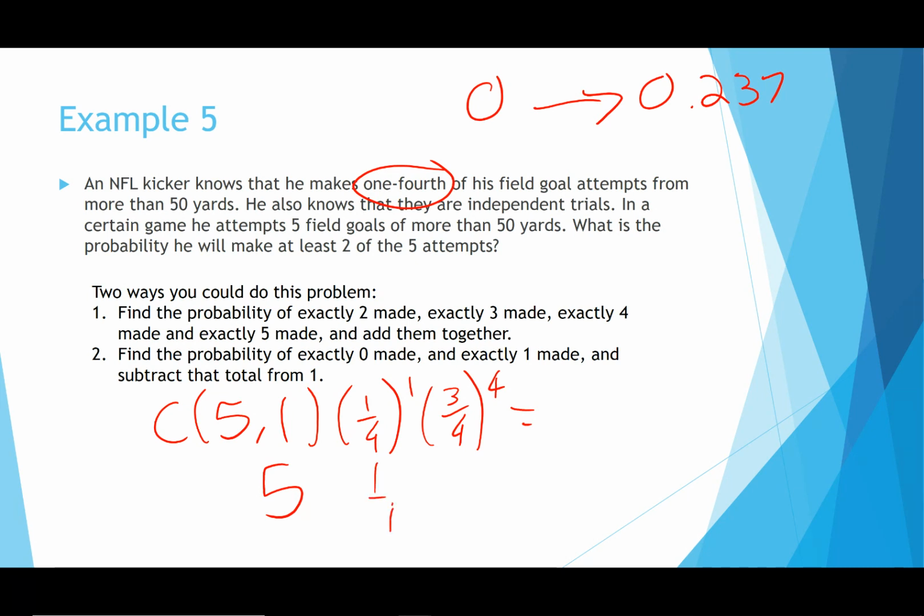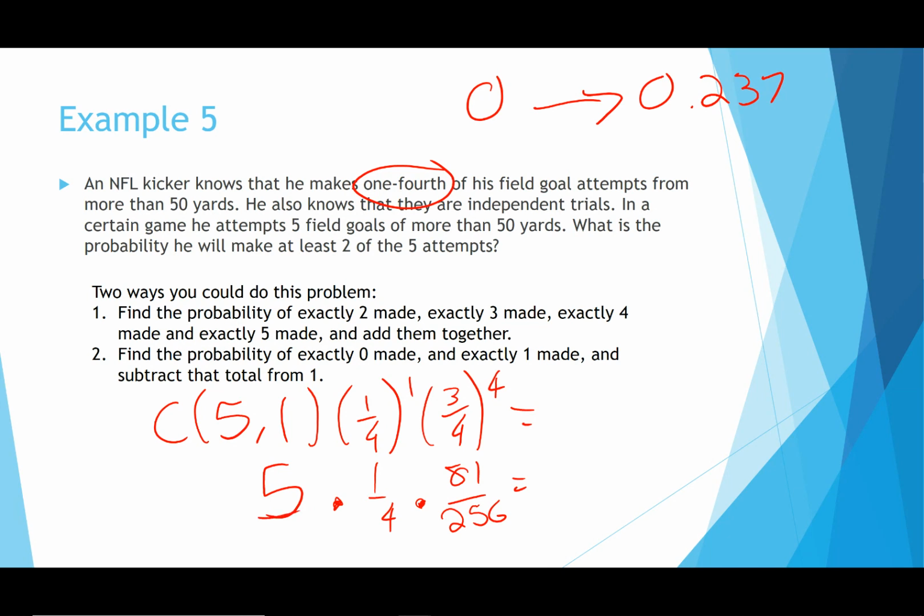This number is 1/4. These are multiplication signs here. And then this would be 3 to the 4th power and 4 to the 4th power. So 3 to the 4th power is 81, so let me change this to 81. And 4 to the 4th power is 256.